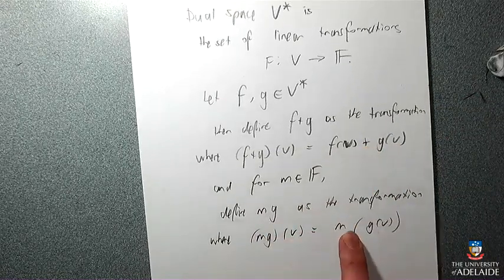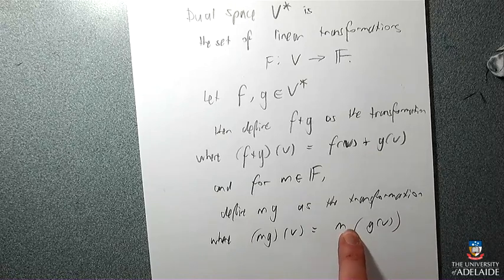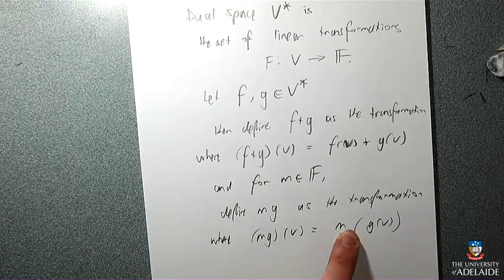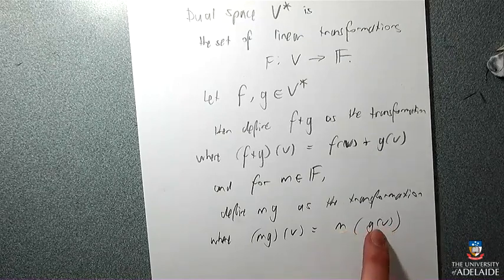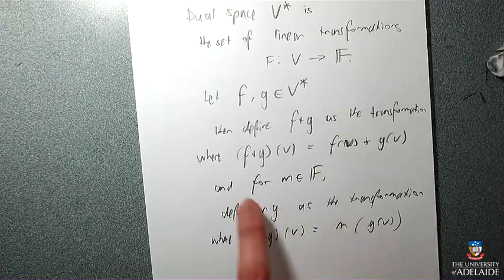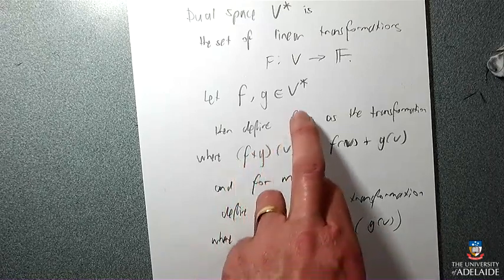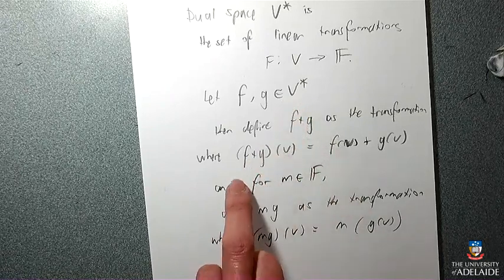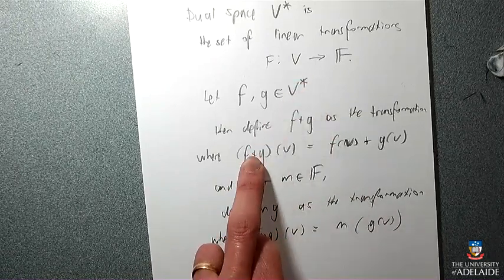And this multiplication here is the multiplication from the field. It's not scalar multiplication in the usual sense, because g of v is a number in the field. I don't know if that's important. But this plus is the plus in v star. So the plus in v star is defined to be basically the plus in the field.